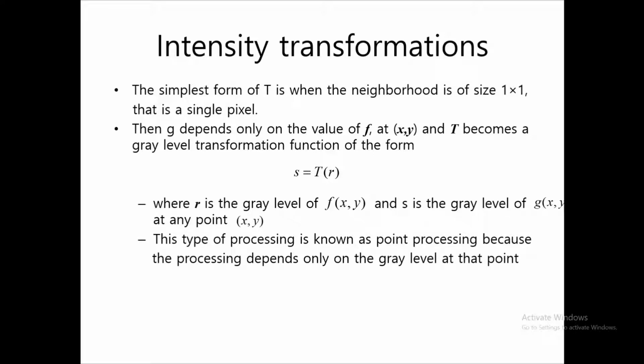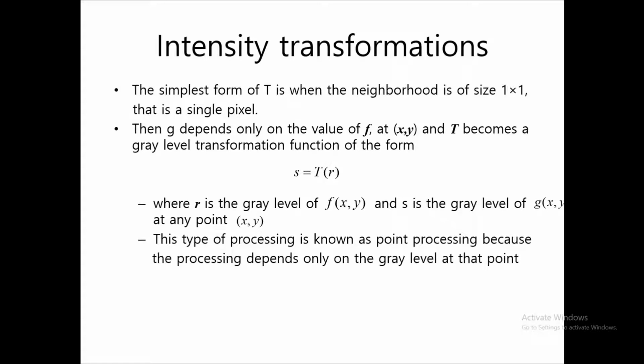While talking about intensity transformations, the simplest form of T is when the neighborhood is of size 1 by 1, that is, a single pixel. Then the output g, the transformed image, depends only on the value of f at (x,y), and T becomes a gray level transformation function of the form s = T(r).